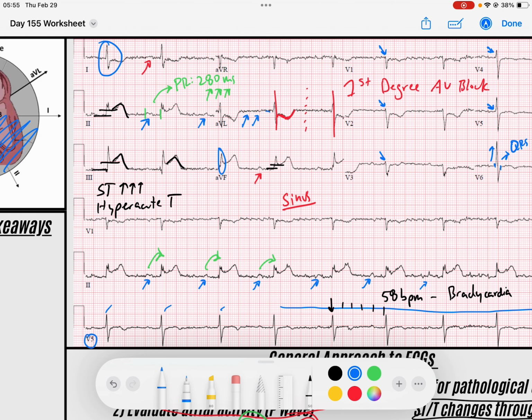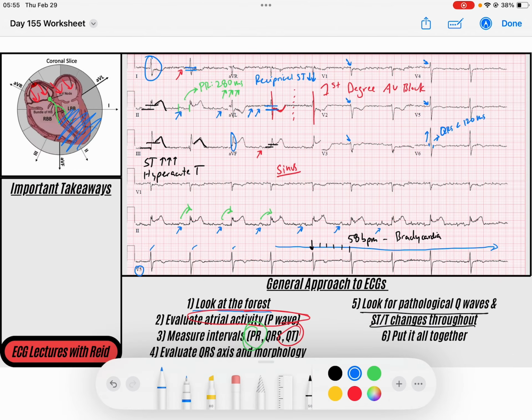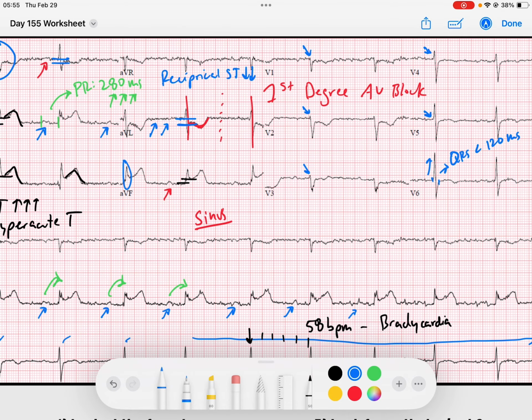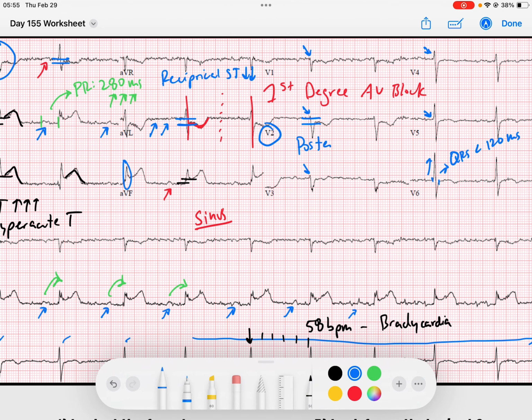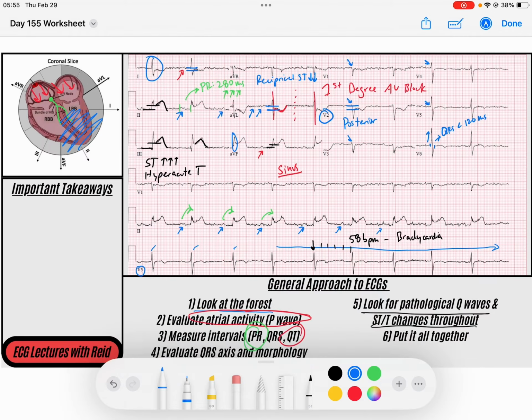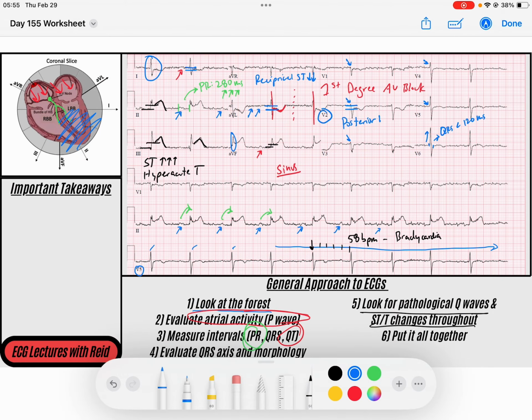Look at aVL, reciprocal depression, and lead I. So we've got reciprocal ST depression in the lateral leads. And then you also notice that V2 has ST depression. And so that tells me that we might have some posterior involvement with this infarct, some posterior involvement with this myocardial infarction.